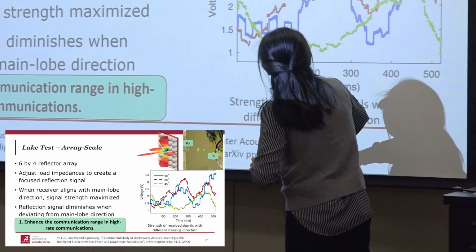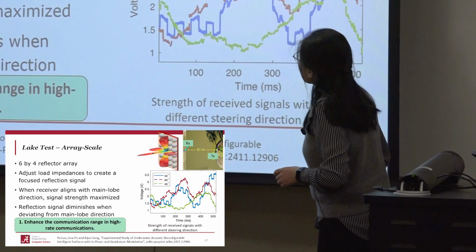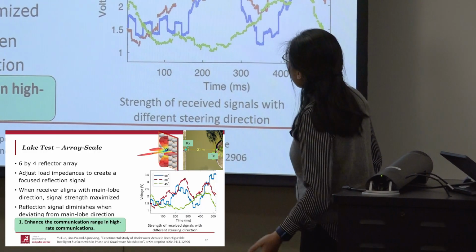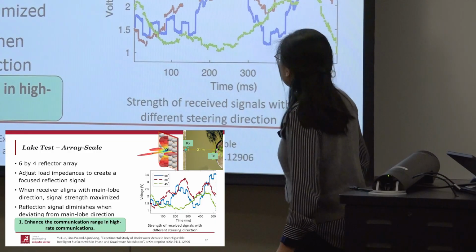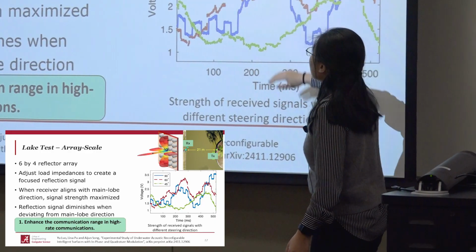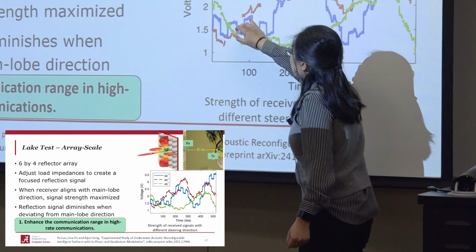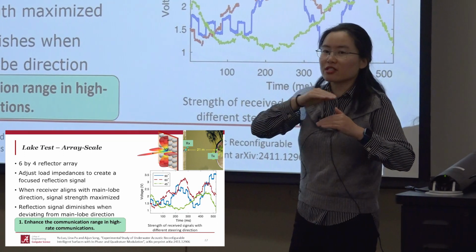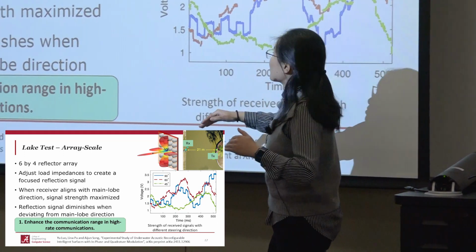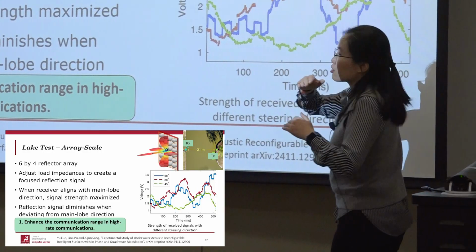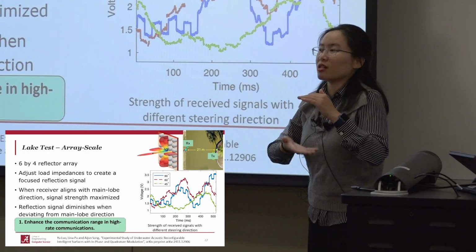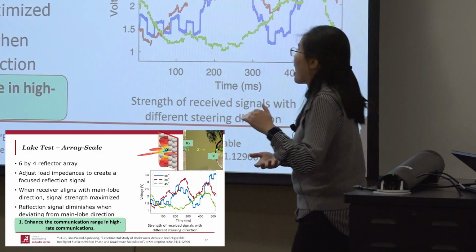So in the bottom figure, we show the result, that is actually only the amplitude of the received signal. So as we mentioned, the received signal includes both the direct signal from the transmitter and also the reflected signal from the surface, basically the RIS.